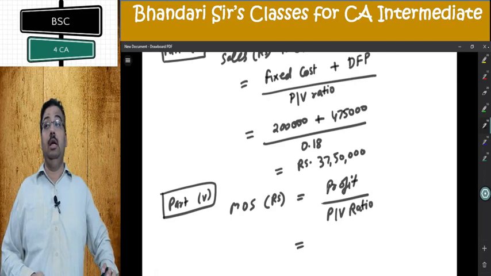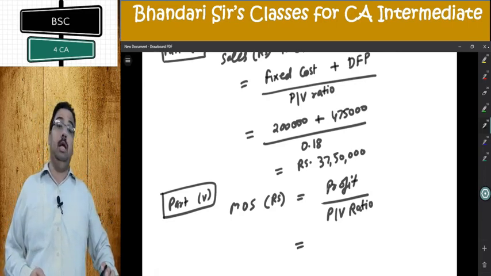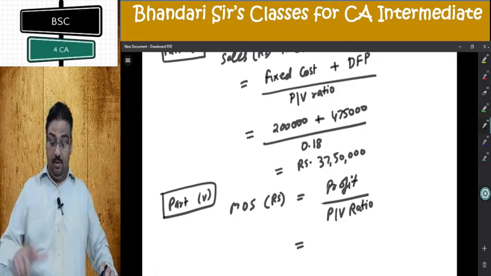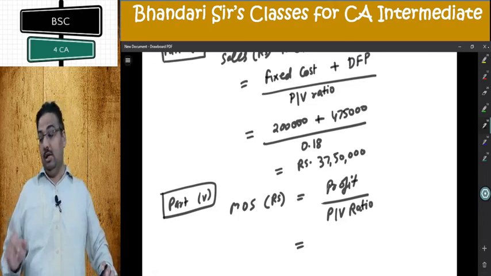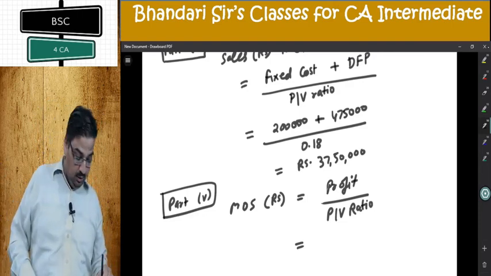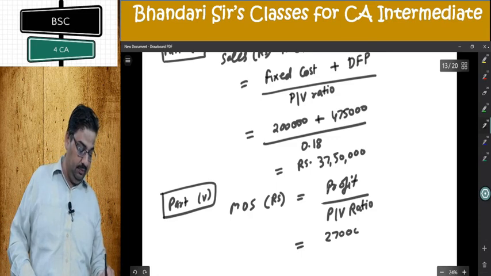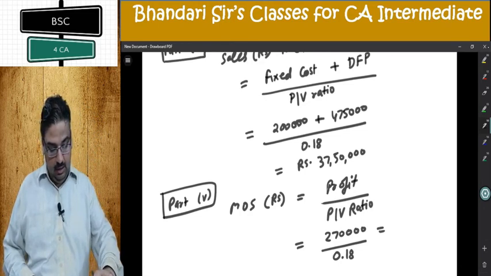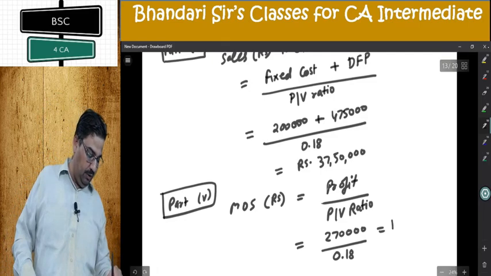If you keep thinking like actual sale minus break-even sale, then you'll have to first calculate actual sale at a desired profit of 2,70,000. Answer will be same in both cases, but this formula is very simple. 2,70,000 divide by 0.18. You're getting rupees 15 lakh as the answer.